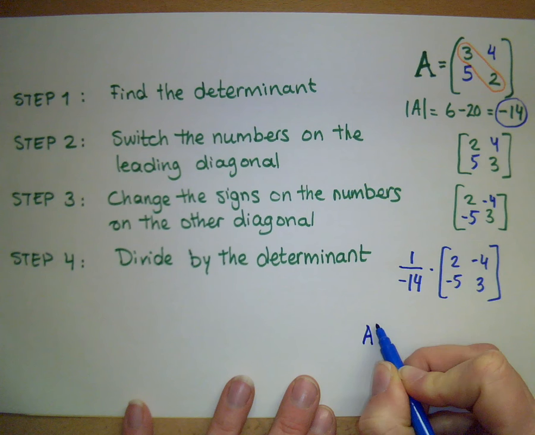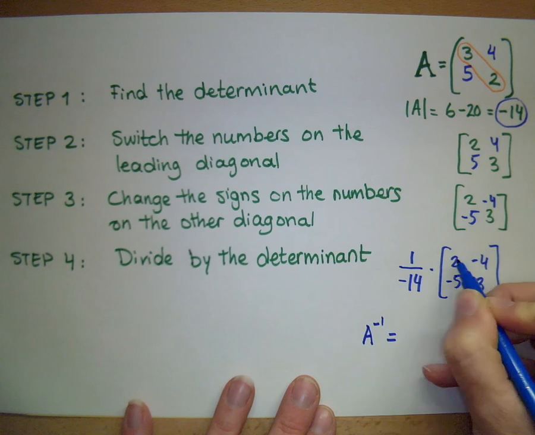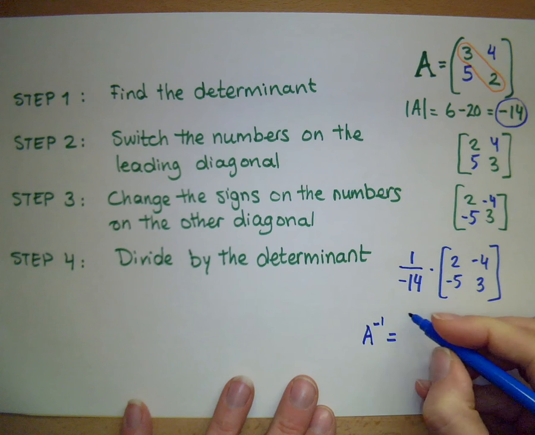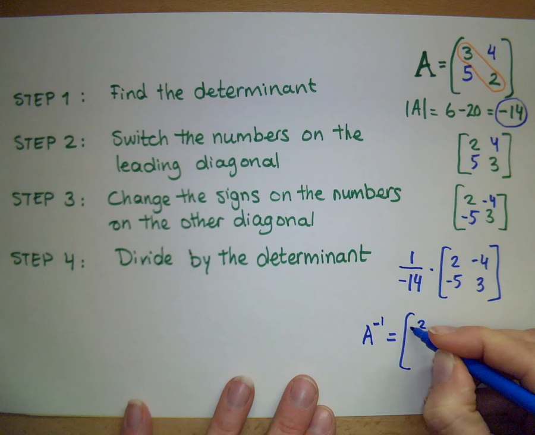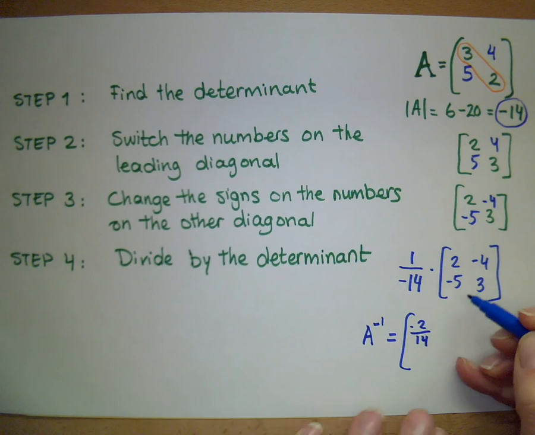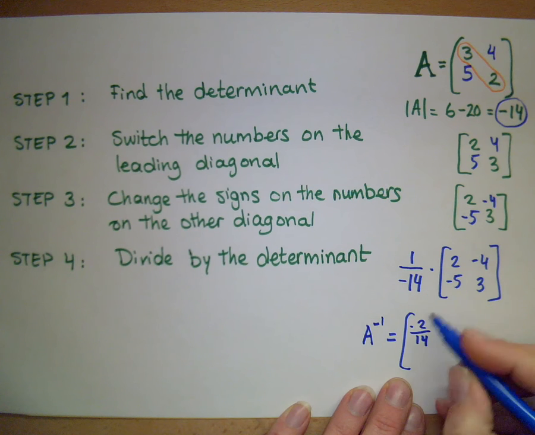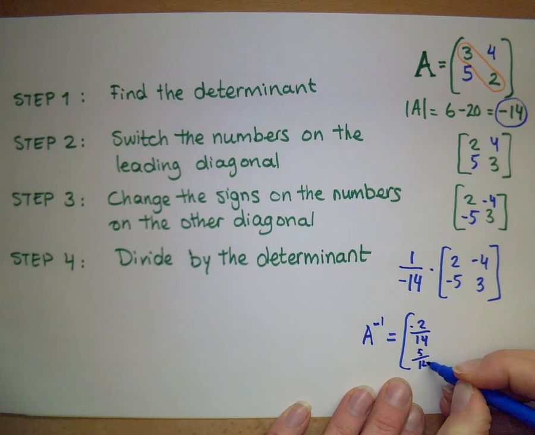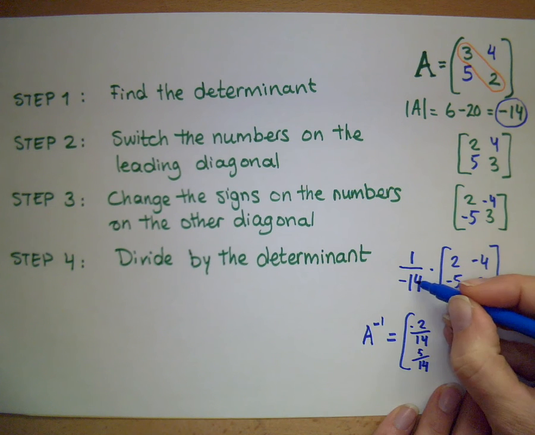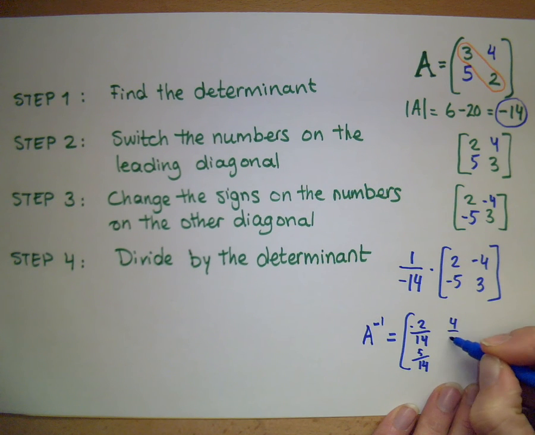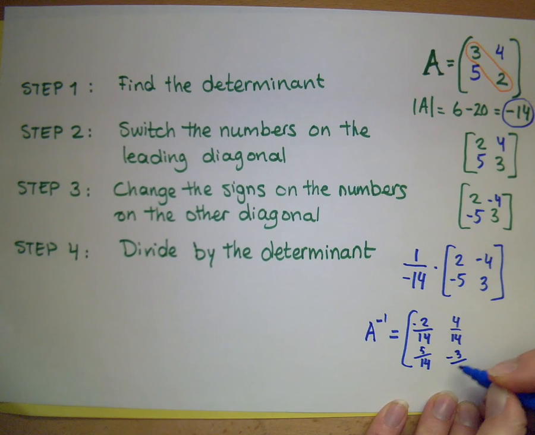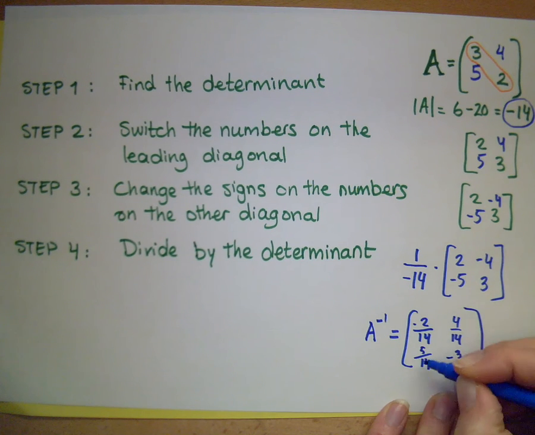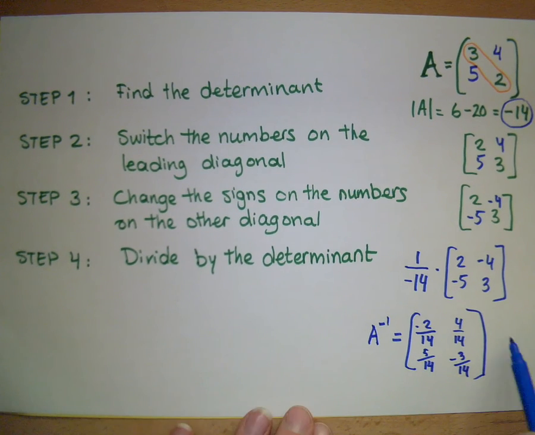So the inverse of A equals 2 divided by negative 14, negative 5 divided by negative 14, which gives 5 over 14, negative 4 divided by negative 14, which gives 4 over 14, and 3 divided by negative 14, which gives negative 3 over 14. Of course, you can simplify some of these fractions.